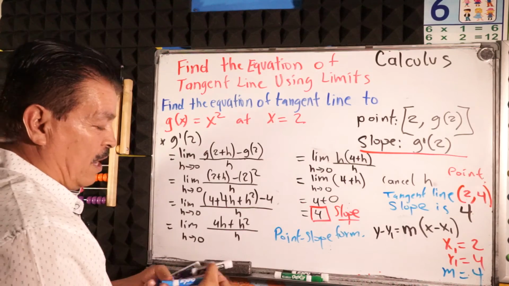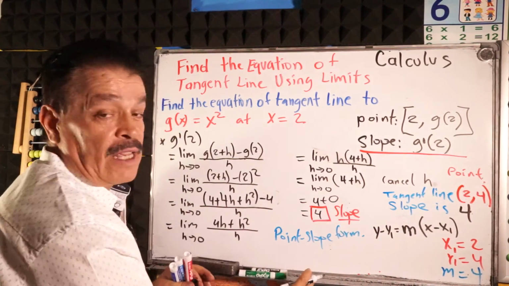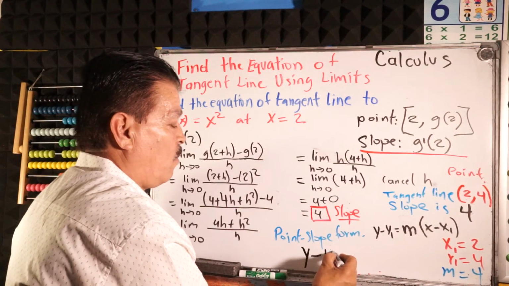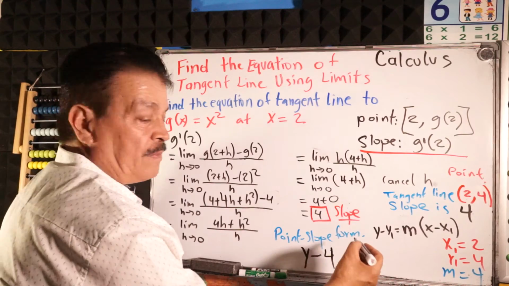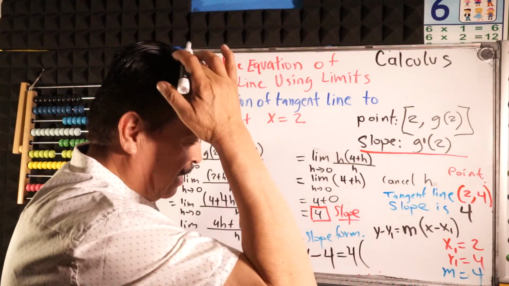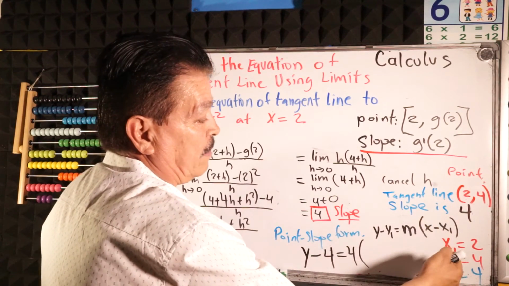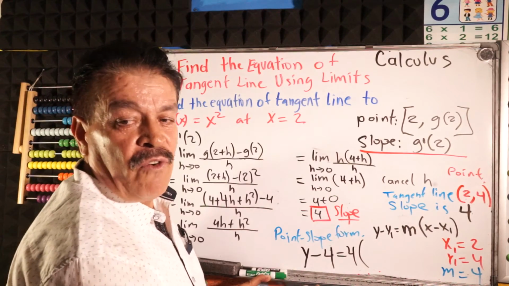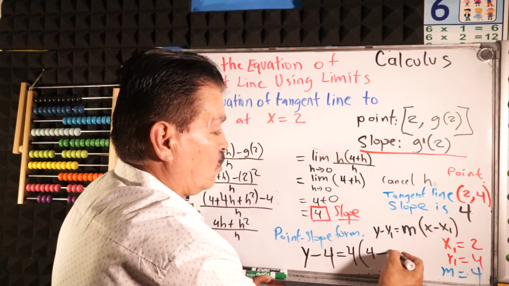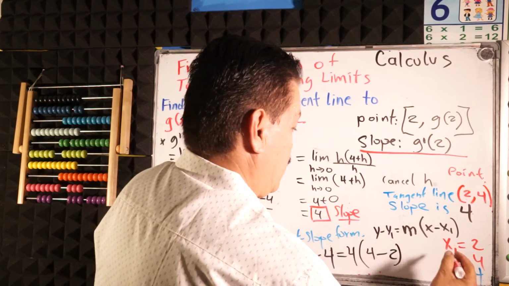So our formula, because we are finding the equation of the tangent line using limits, in point slope form is y minus 4 equals, the slope is 4, times x minus x1, because x is x1.